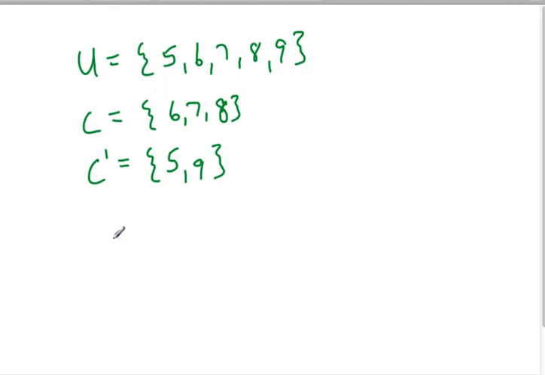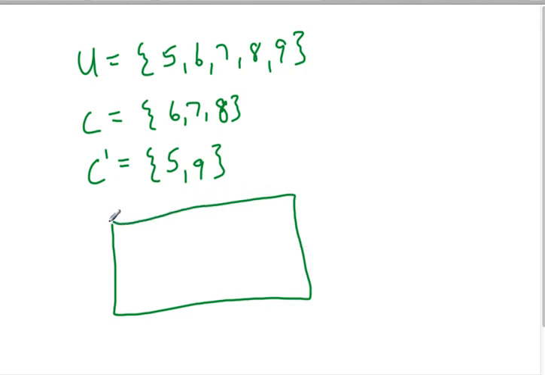And you can think of this in terms of a Venn diagram. A simple Venn diagram, actually. So we'll call this whole box here the universal set of numbers, and then we'll call this circle subset C, and we'll put the numbers in there that are part of subset C. And then everything that's not part of subset C, we would call C prime.